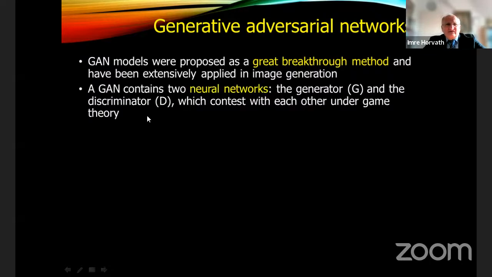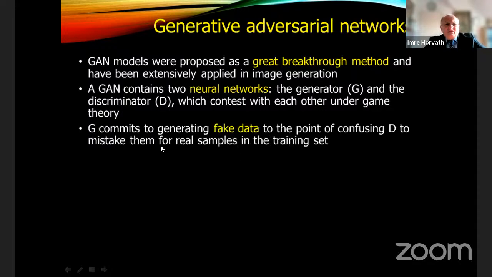The generative adversarial network contains two neural networks in one. This is the reason why the word adversarial is used in the name. One neural network is the so-called generator, and the other one is the discriminator, which contest with each other under the principles of game theory.